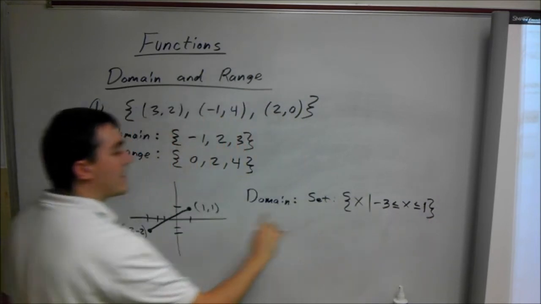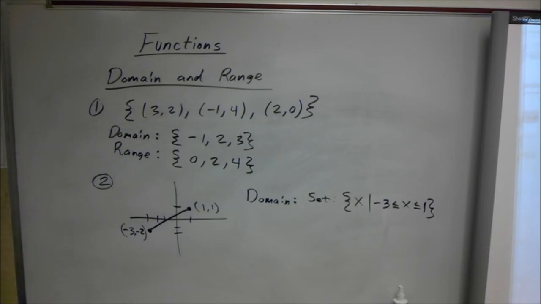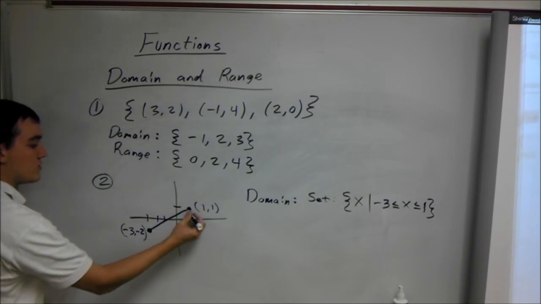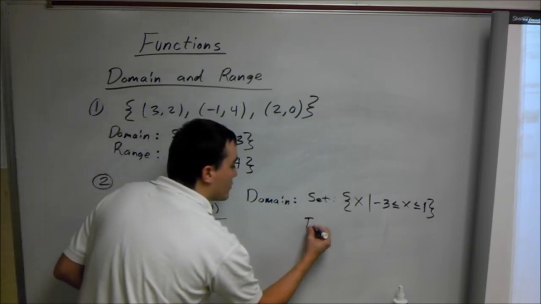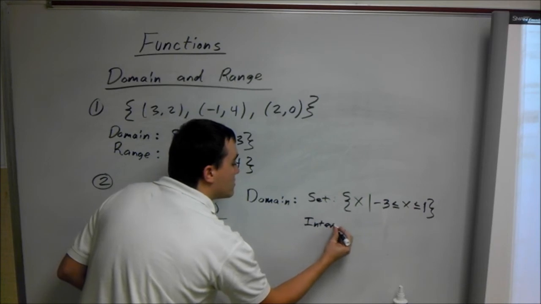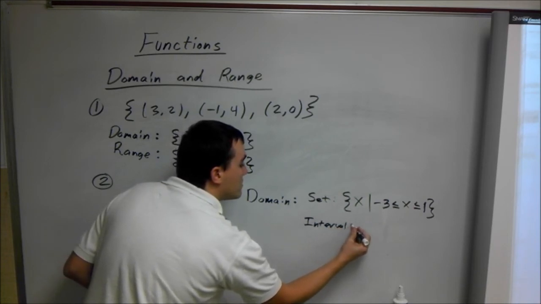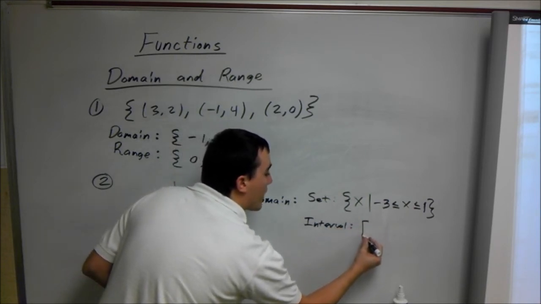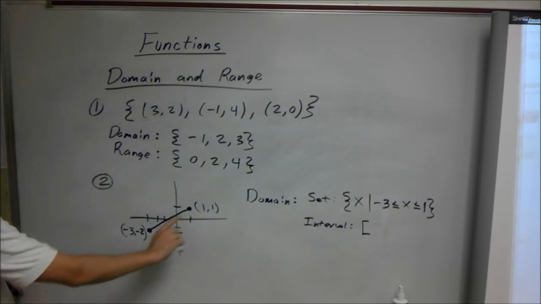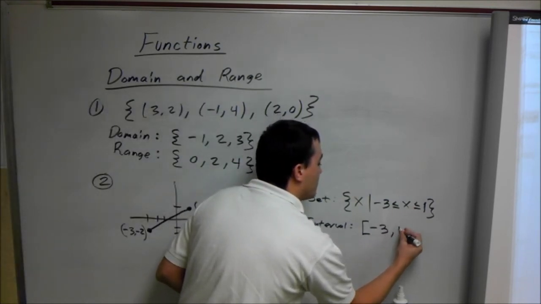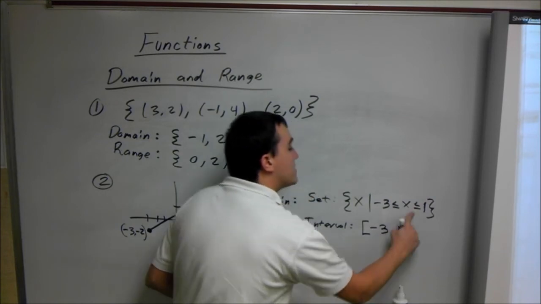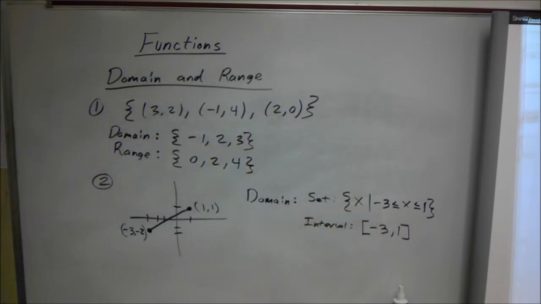That's just saying x is between -3 and 1. And since these are closed circles, another way of writing it in interval notation would be with brackets, because whenever you have a closed circle, you use a bracket for interval notation, -3, comma, 1. It's the same thing as this, just a different way of putting it.